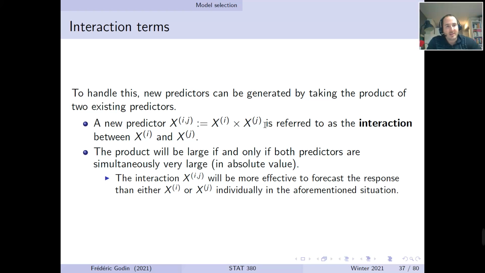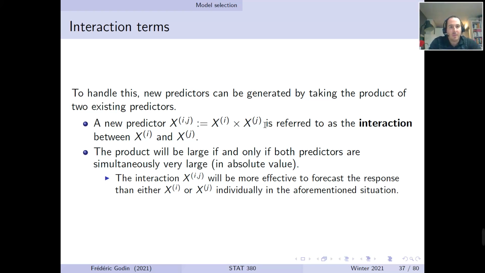And why do we say it can capture some interaction? Let's say xi and xj have either the value -1 or 1.